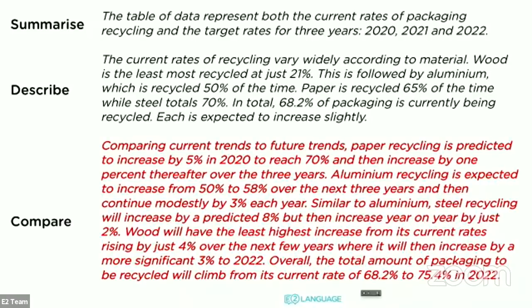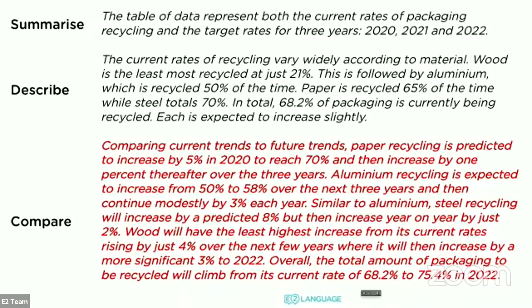Similar to aluminium, steel recycling will increase by a predicted 8%, but then increase year on year by just 2%. Wood will have the least highest increase from its current rates, rising by just 4% over the next few years, where it will then increase by a more significant 3% to 2022.